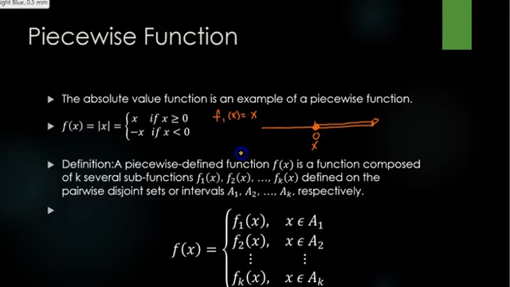And then you're going to use the second subfunction f2 of x, which is negative x, when x is less than 0. I'm still going to include this point, but I'm going to use an unshaded circle. So 0 is not included, but for all the numbers less than 0, we're going to use this. So that's what we mean by this general form.